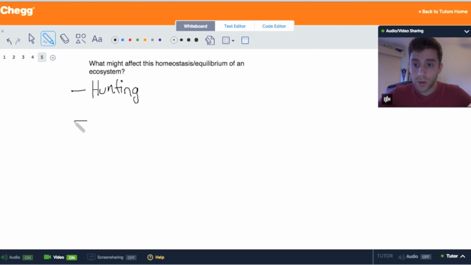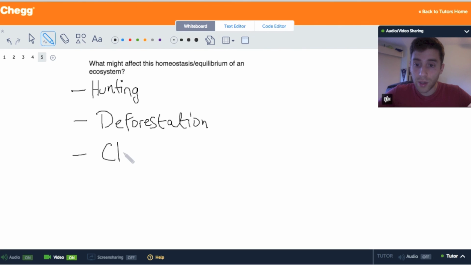So another one would be deforestation. When you start killing the niches of specific species in an ecosystem, you make those species go extinct, and deforestation does this a lot. It's caused the extinction of many species, and this causes huge imbalances to the homeostasis of an ecosystem.